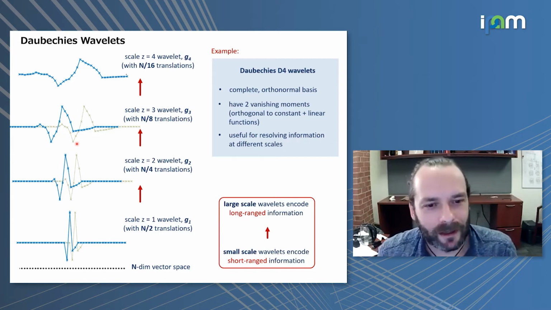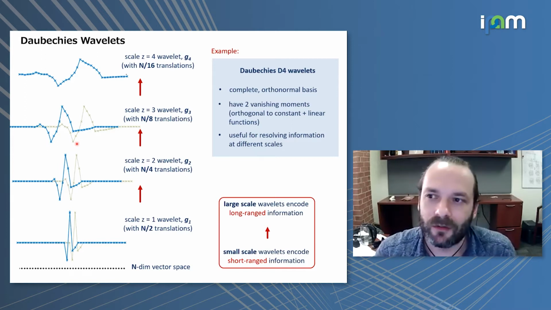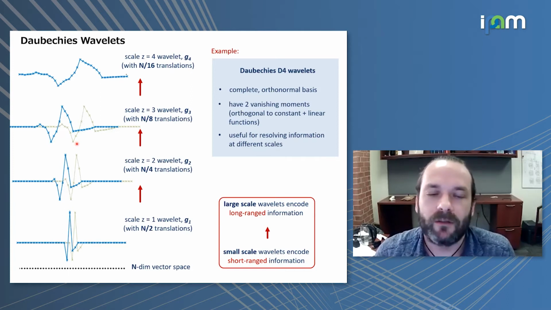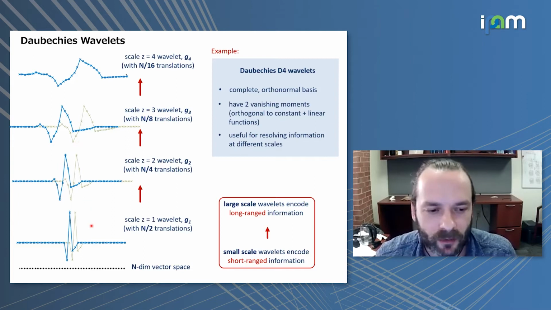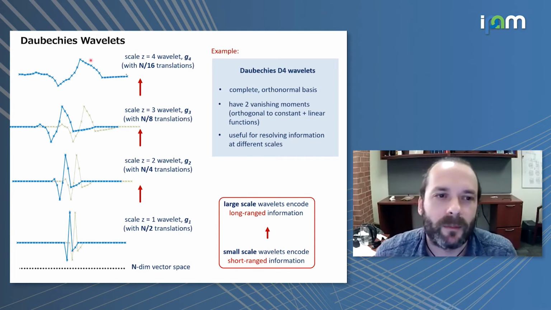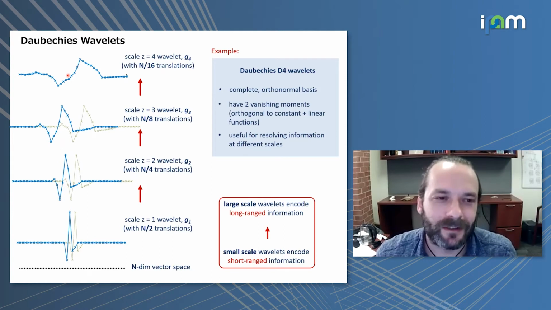In decomposing a function into its wavelet basis, we're resolving information at different scales. The ones down the bottom represent the short scale information in my function. The more dilated ones represent the large scale information.